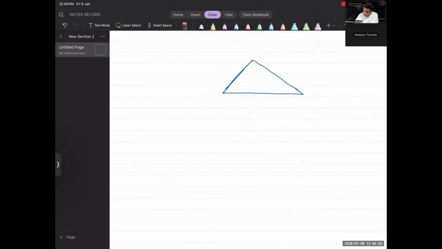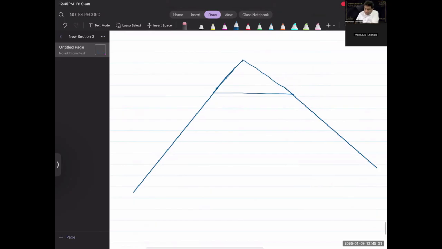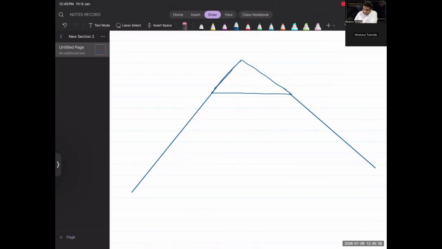So when you extend the sides, that's what we have. Similarly, I can extend on the other side also. So this is the complete thing. So if this is A, this is B, this is C.